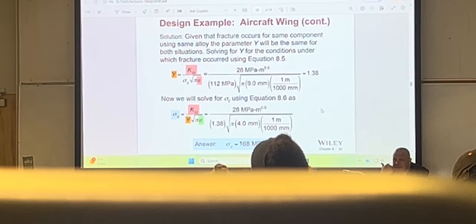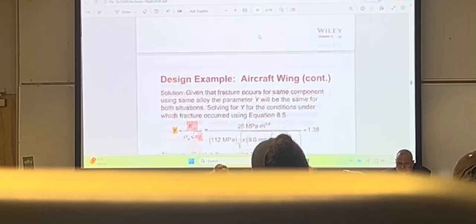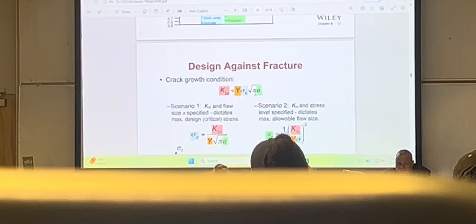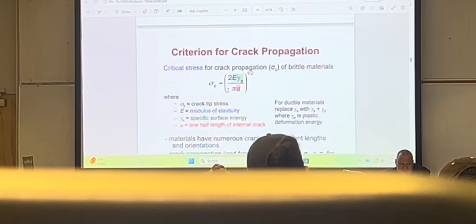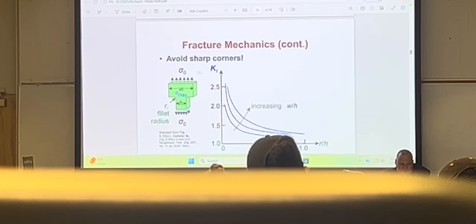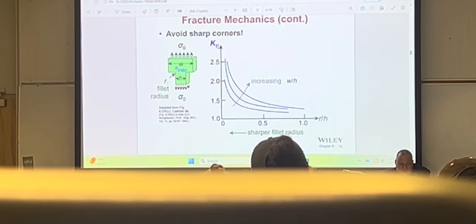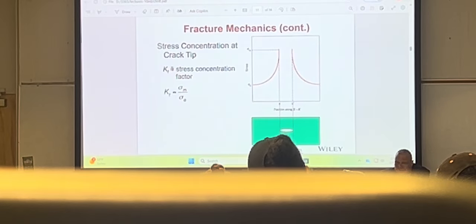The way this is changing is in the presence of a flaw. So that's a combination of the crack length and the stress. But it's funny how we ran out of letters. The same letter K is used for the stress concentration factor, K. It's sometimes called stress intensity factor.